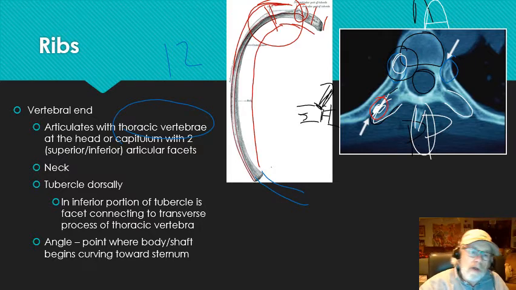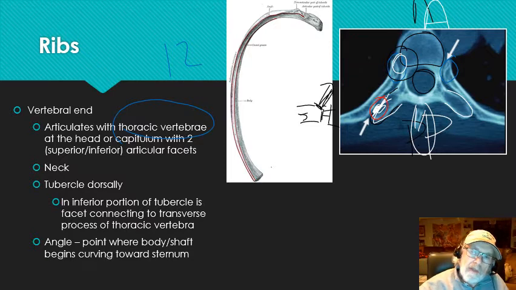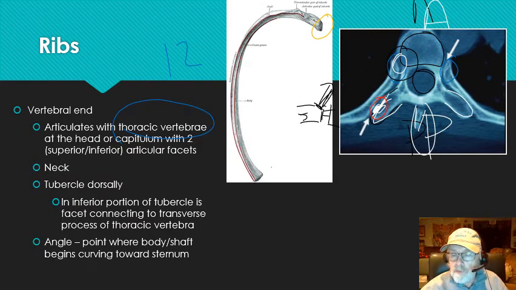So again, what we have is the head right there with 2 facets, one for the same number of the thoracic vertebrae and one above. Here's the neck. Here's the tubercle, which attaches to the transverse process of the same number of vertebrae.